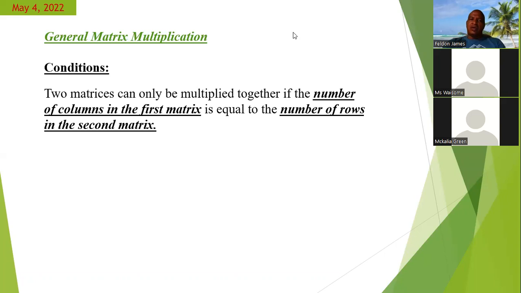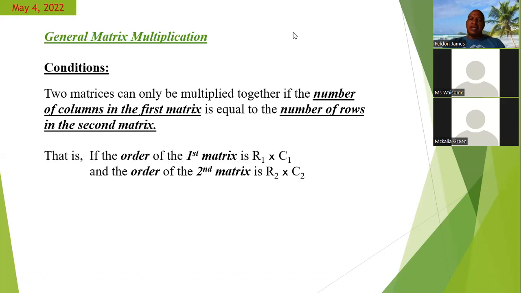So if we're going to multiply two matrices, we need to check the order of the matrices. Suppose the first matrix has an order of R1 times C1.